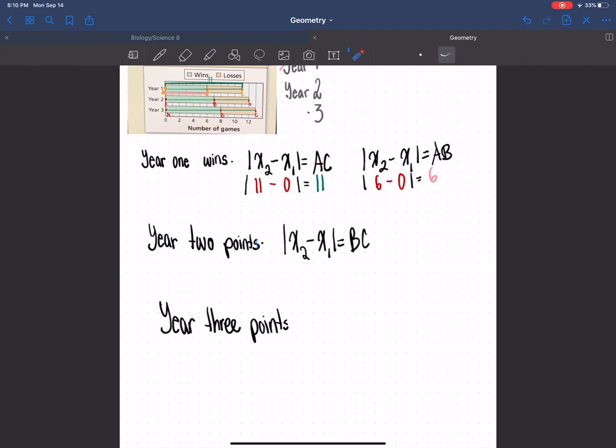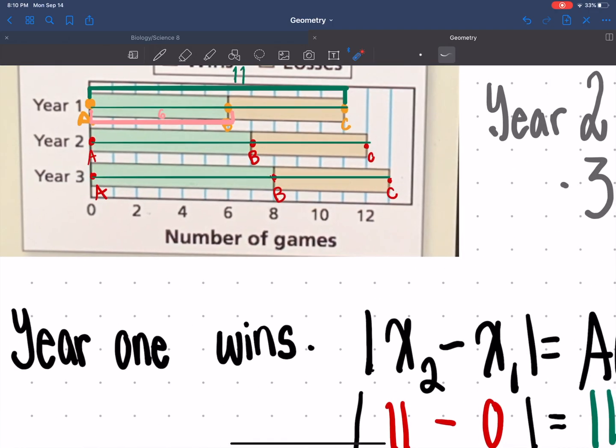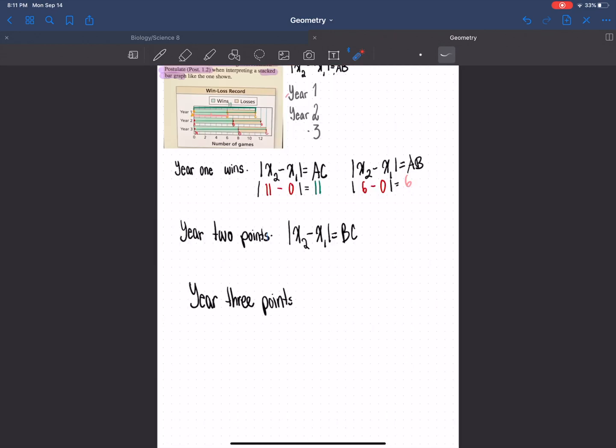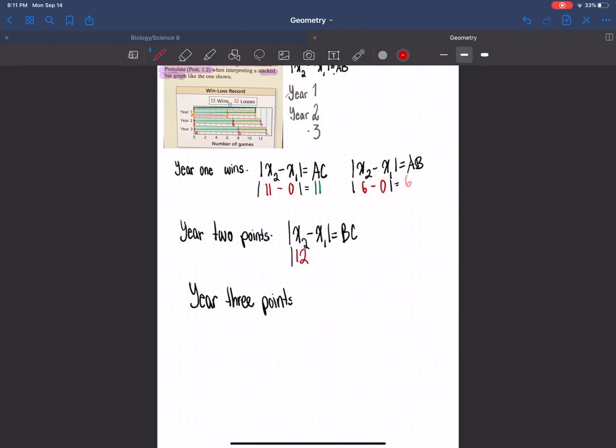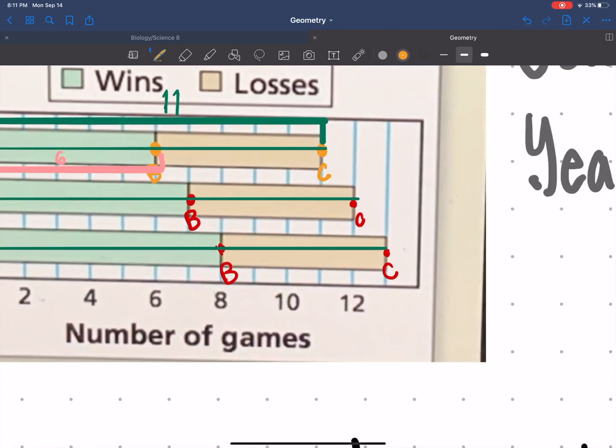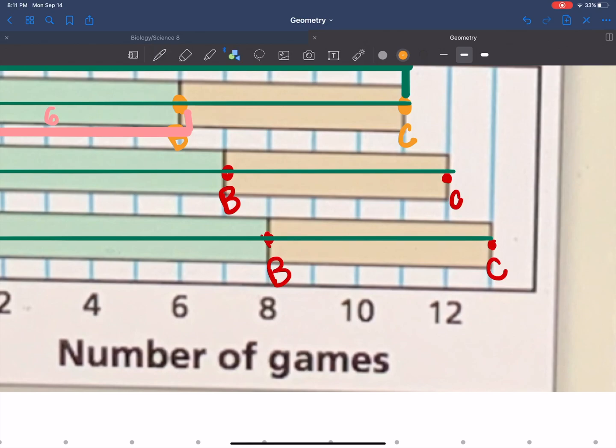So we have BC, where C is equivalent to 12 and B is equal to 7. We start with 12 minus 7. That would get us a total of 5, and with absolute value it would be the same thing again. So for B and C, the total losses would be 5.